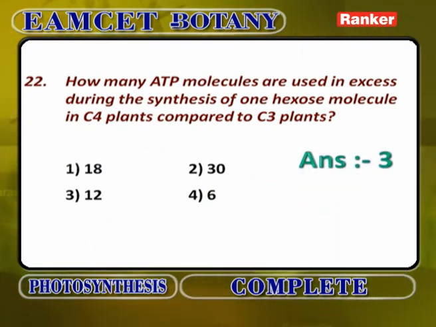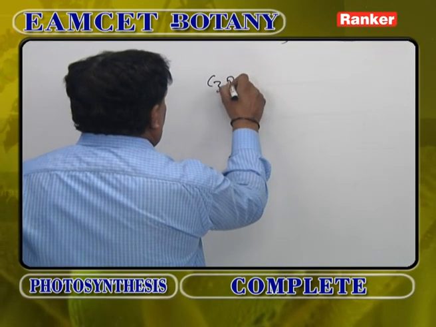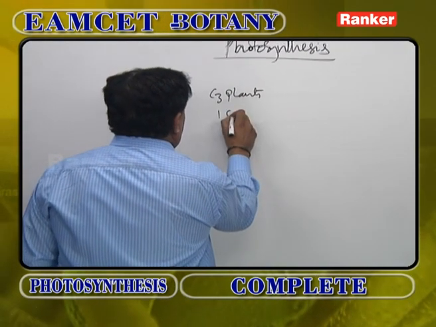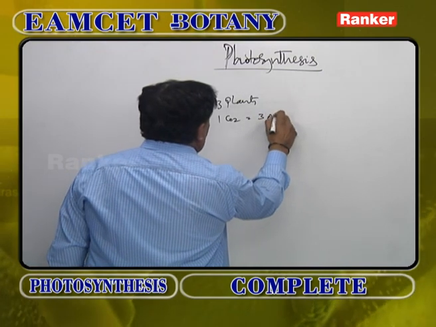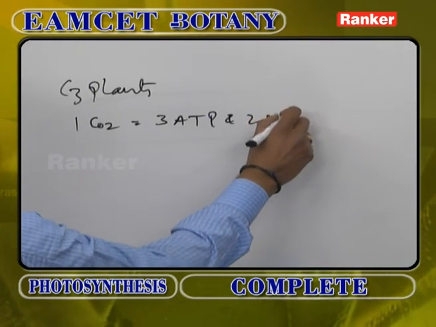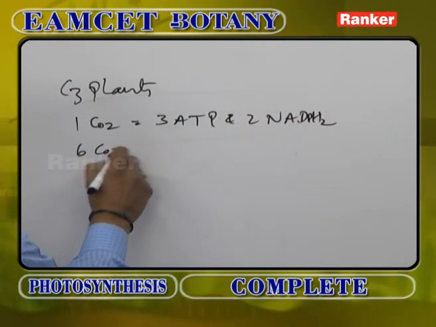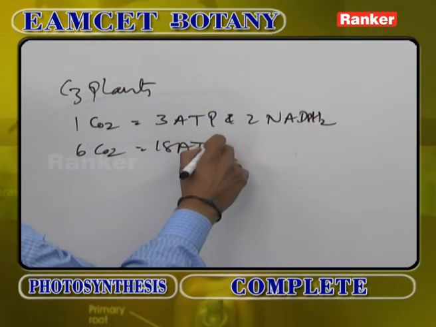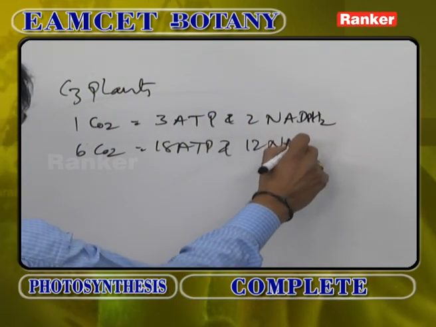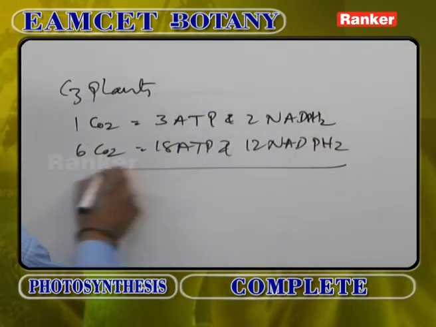How many ATP molecules are used in excess during the synthesis of one hexose molecule in C4 plants when compared with C3 plants? In C3 plants, for the fixation of 1 CO2, 3 ATP and 2 NADPH2 are utilized. For fixation of 6 CO2, 18 ATP and 12 NADPH2 are used. This is in C3 plants.